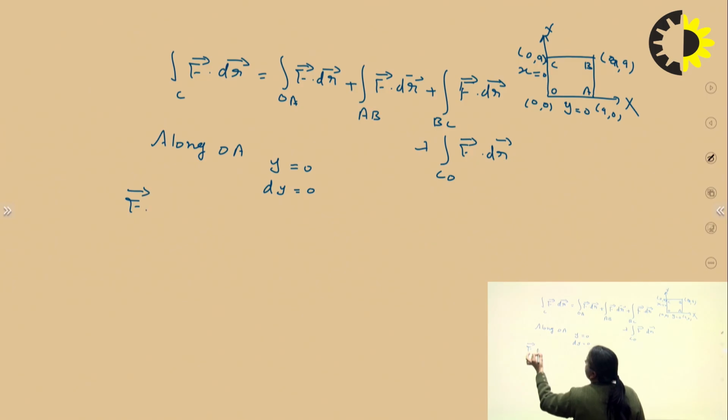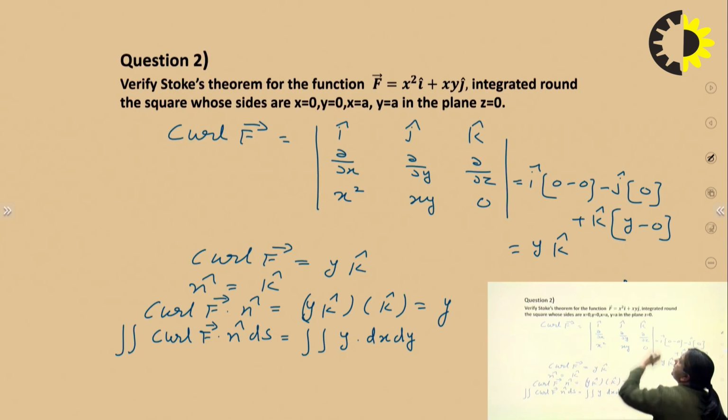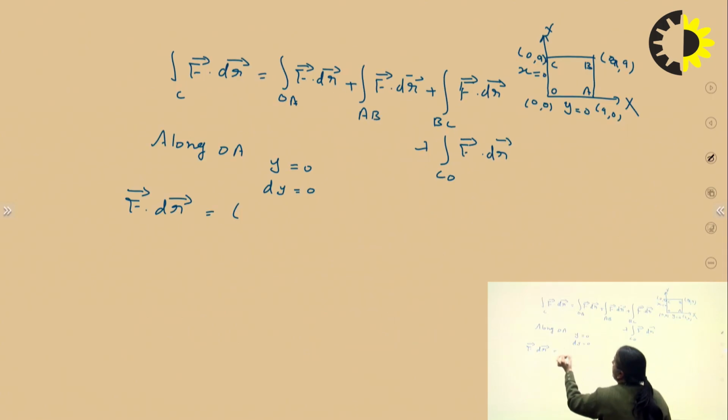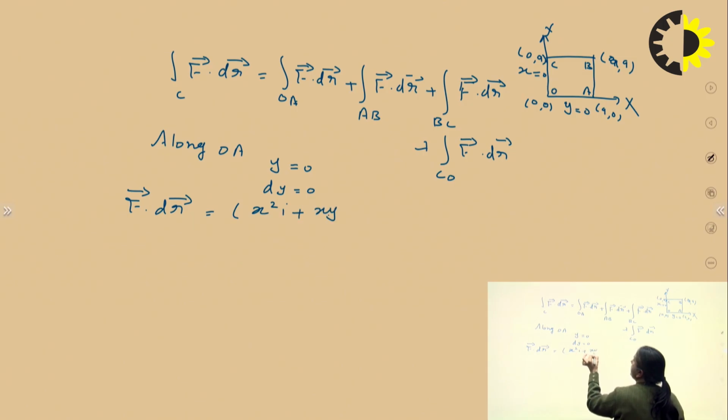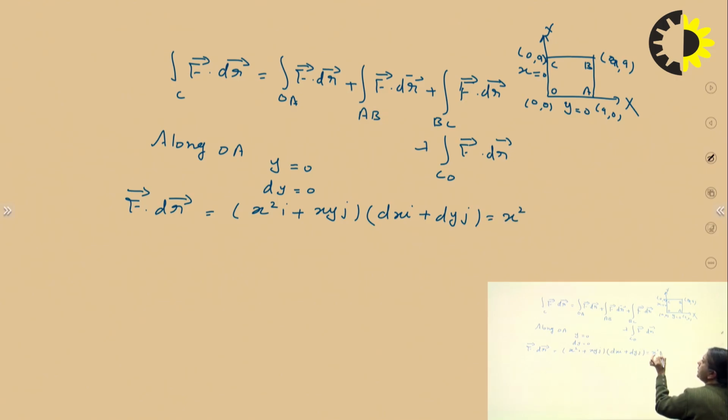In our integration F dot dr, our F vector is x square i cap plus xy j cap, and dr vector will be dx i cap plus dy j cap. If we find the dot product, we will get x square dx plus xy dy.